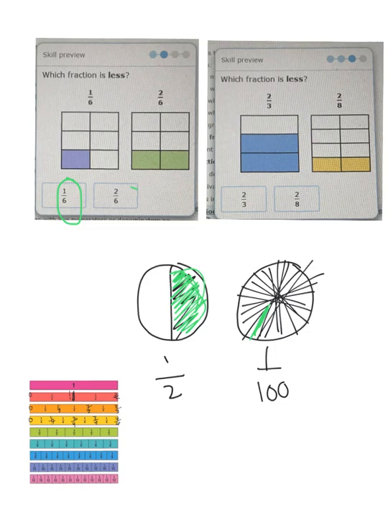Just like down here, 1 part of a whole that's only split into a 2 is much bigger than 1 part of a whole that's split into 100 pieces. Always go back to this pizza example as sort of a concrete thing to remember. So which fraction is less? Obviously 2/8 is the smaller fraction.